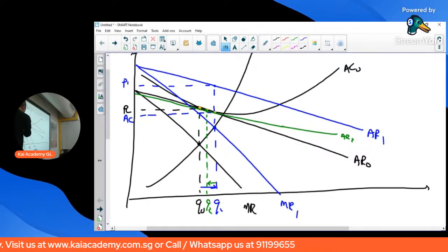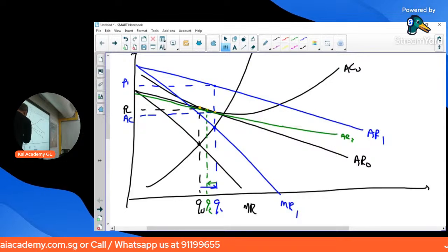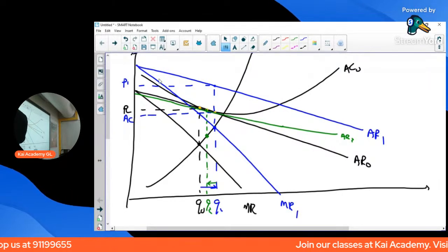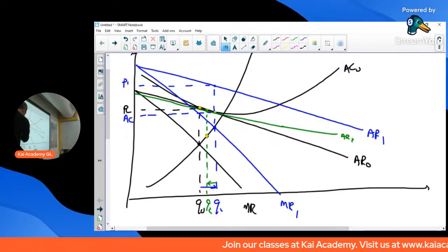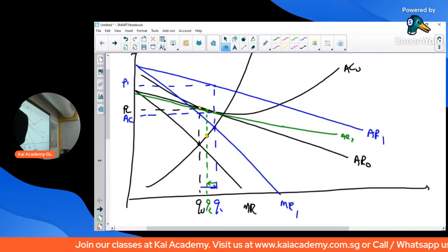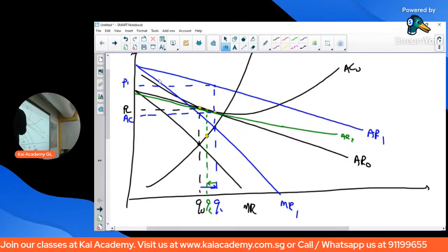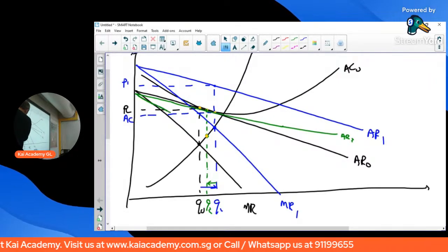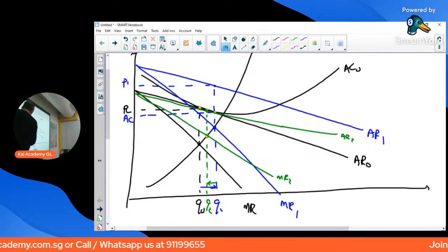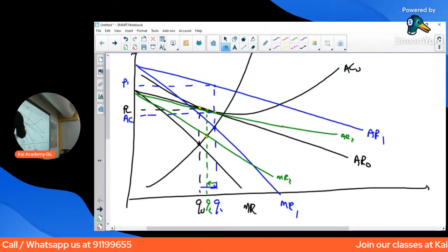Now, but wait, this is profit max. If this is profit max, MR equals MC must cut through this point, because it's an MC curve. So my MR curve has to start from here to cut through this point to give me MR2, to make sure that I have a profit max point.